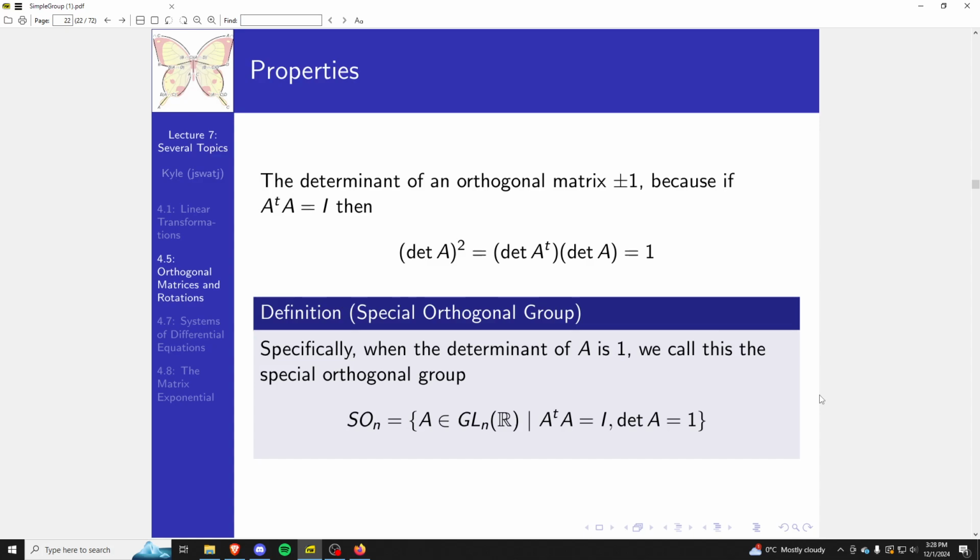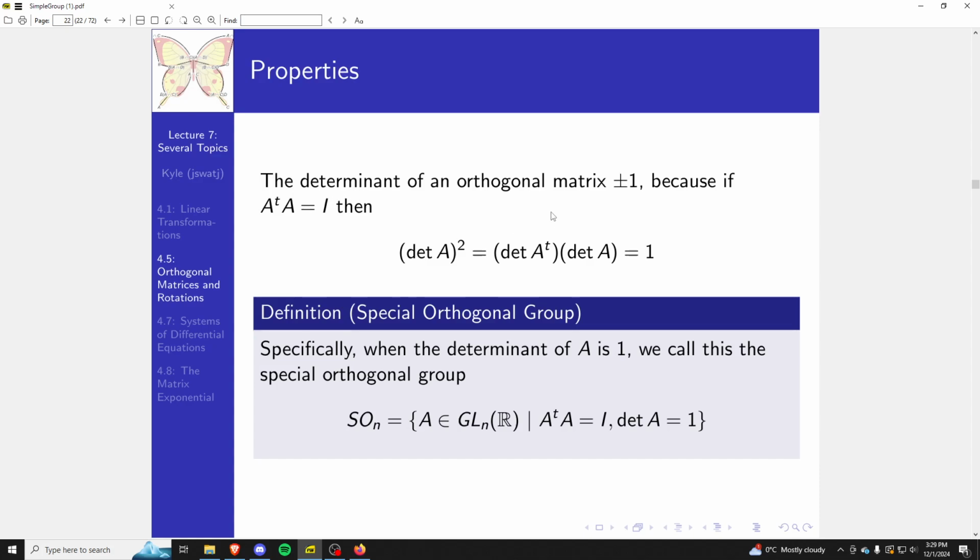The determinant of an orthogonal matrix is plus or minus 1 because, if we multiply the transpose by itself and get the identity, we can take the determinant of A and break it up into two components. We can rewrite it, and this will equal 1, right?